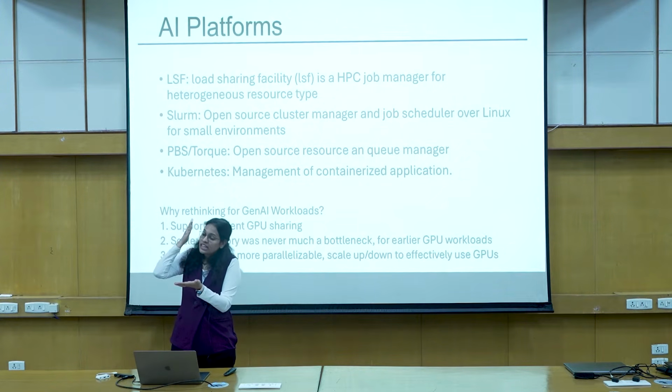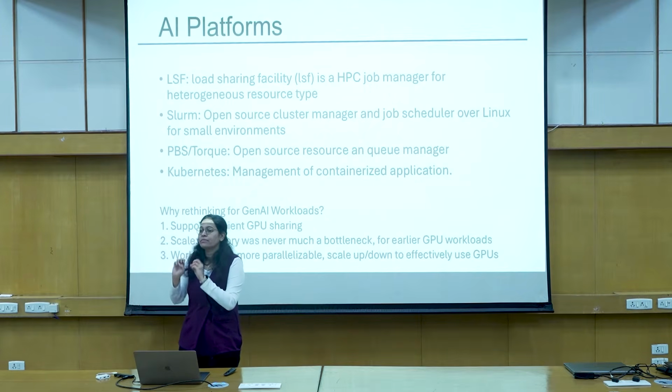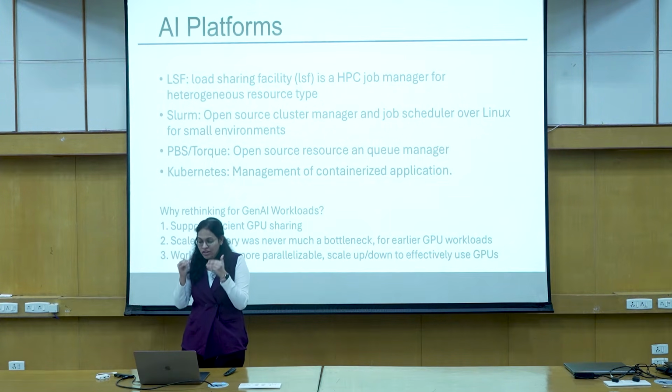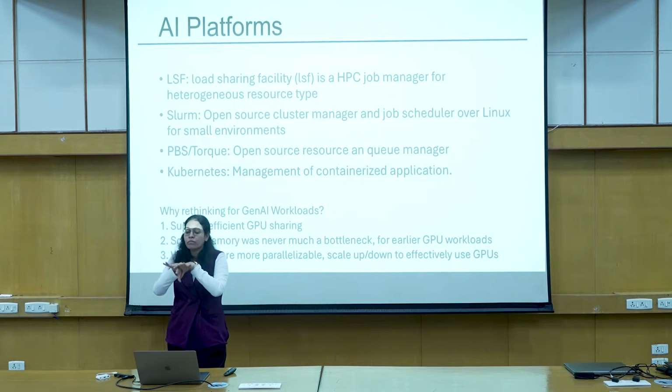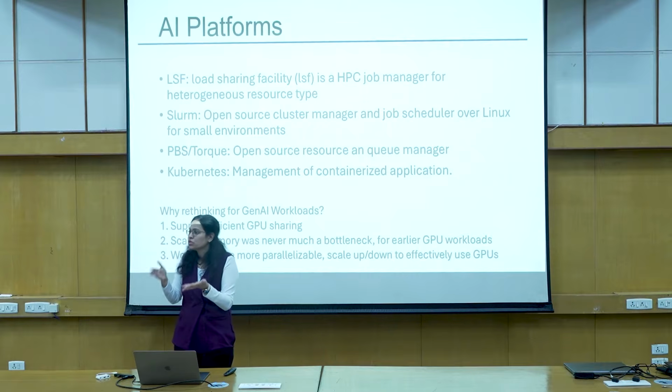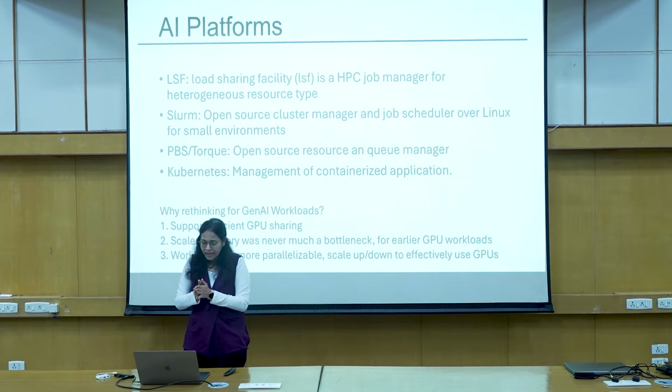So we need to efficiently share the GPU so that workloads can run in isolation on the GPU, and a lot of people can use the limited GPU resources available in your infrastructure, right? So how the infrastructure manager or your platform engineer or your platform should manage this sharing across multiple users efficiently, right?